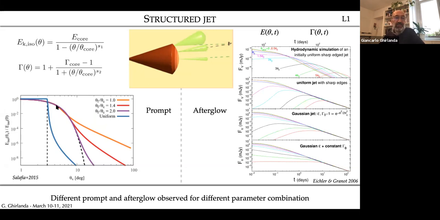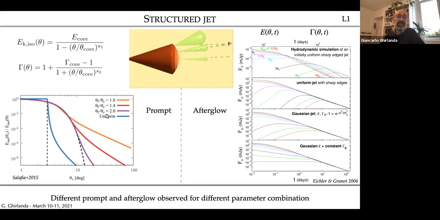Of course, the shape of these curves, as you can see, depends on the parameters of the structure. For instance, the most promising in terms of observing the largest luminosity for a given viewing angle is the case in which the structure of the Lorentz factor and the structure of the kinetic energy have the same core angle.